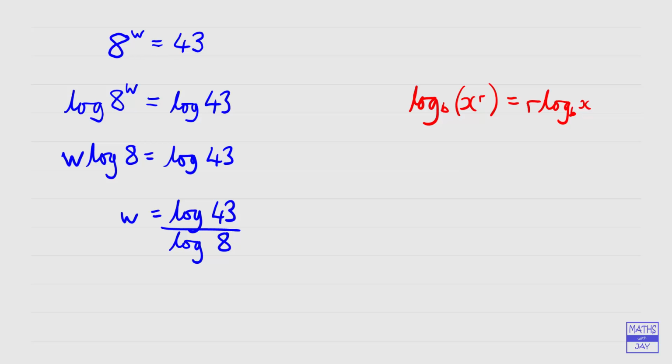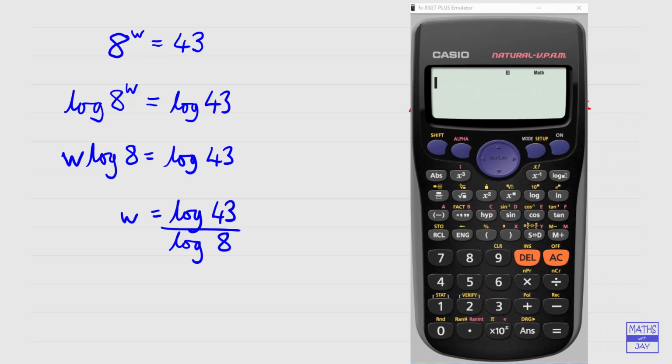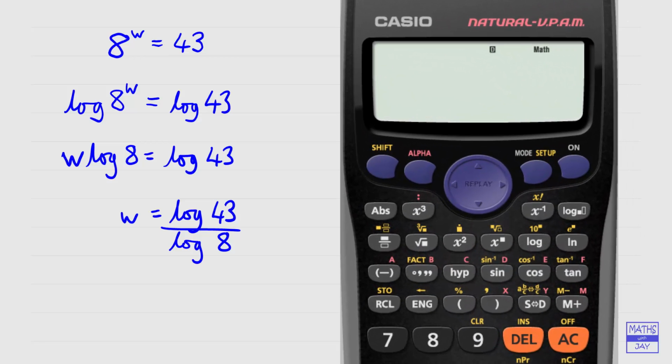So let's get our calculator. So we want the fraction key, and then log to base 10 of 43, and then close brackets, replay button, arrow down, and again the log button, it must be the same kind of log button here, and 8, and close brackets, and equals gives us the answer.